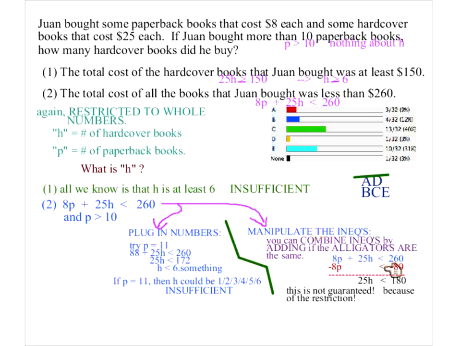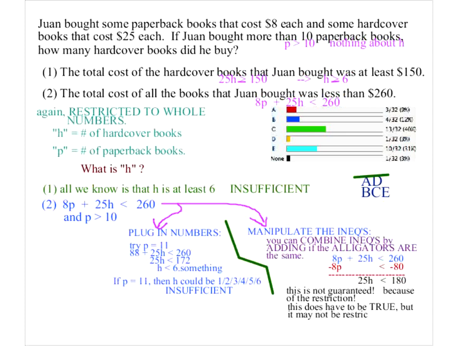In other words, this does have to be true. Let me try to explain this as best I can. This does have to be true, but it may not cover all the possibilities. It may not be restrictive enough, is actually the best way to put it.